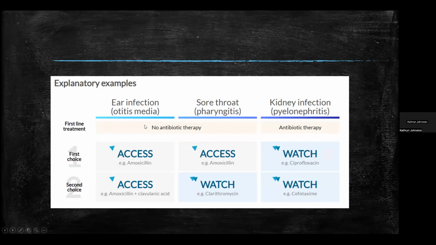The first occurrence of otitis may not need to be treated, but if they do have to treat it, they could go with amoxicillin, or second choice could be amoxicillin plus clavulanic acid. So you can see, as they escalate, where they would be in the access or the watch groups. So this is how it could look when it comes to prescribing.